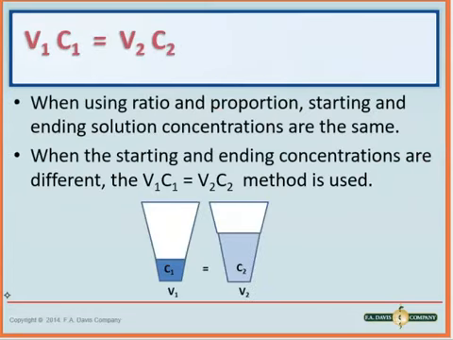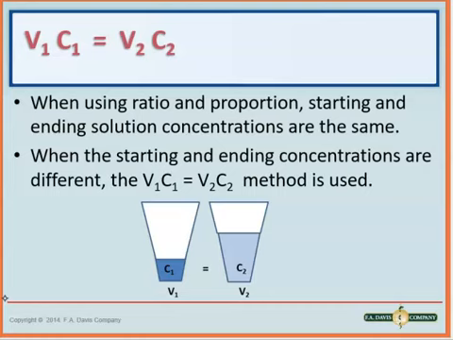On the previous examples, we've been looking at ratio and proportion word problems where the starting and the ending solution concentrations were the same. But sometimes in lab, you have situations where the starting and the ending concentrations are different. So we need a way to solve those type problems.